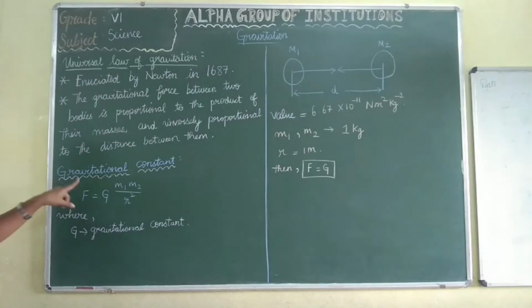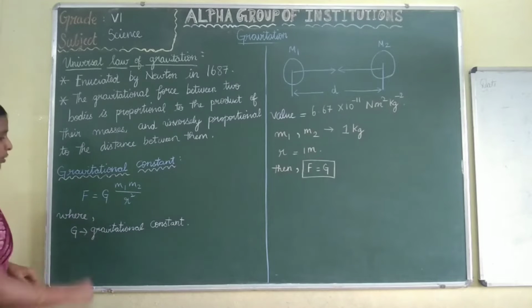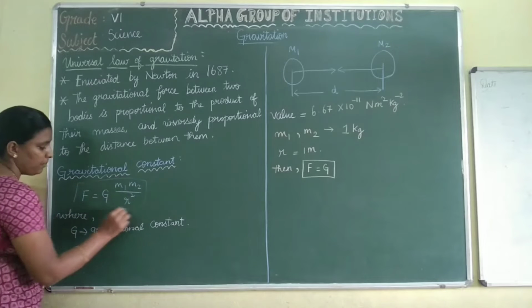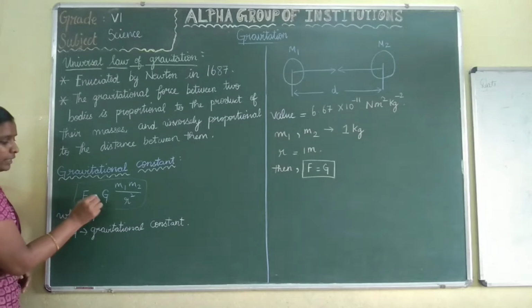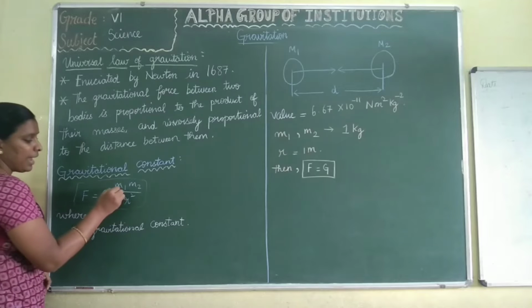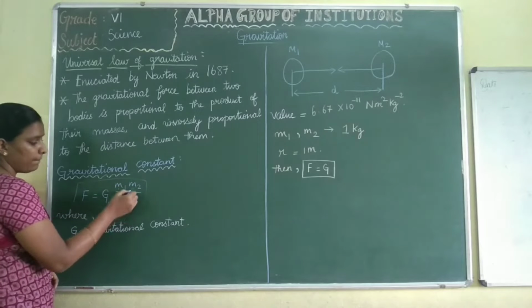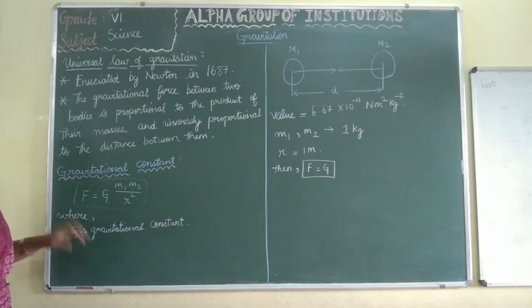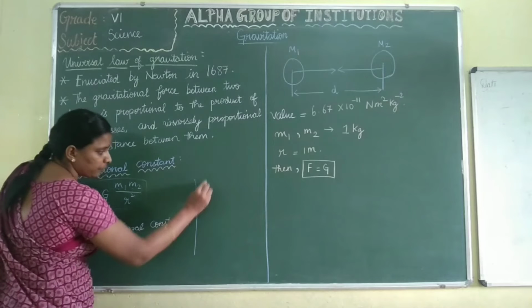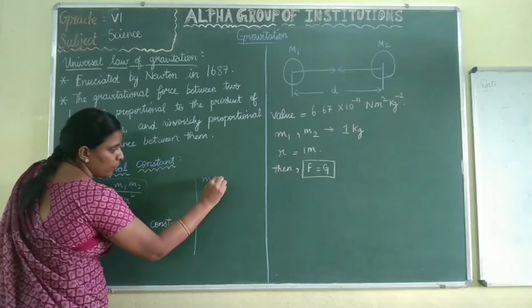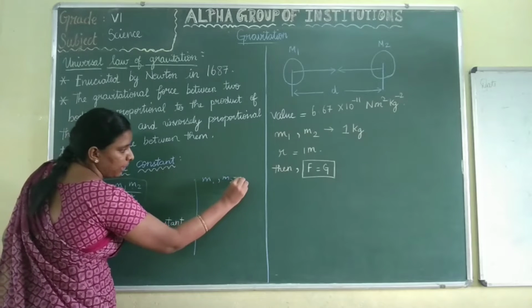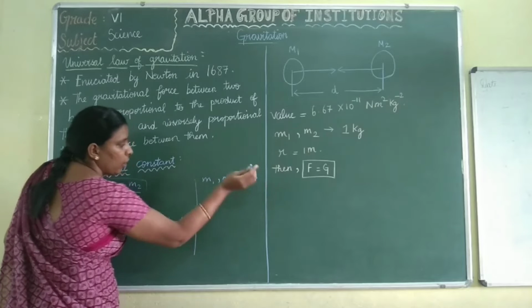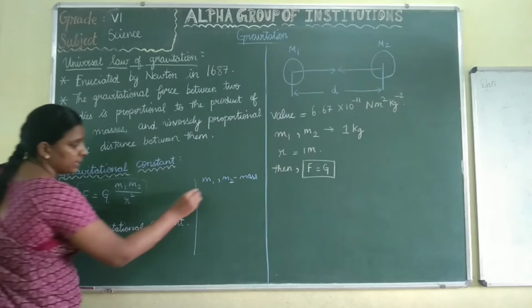Now the gravitation constant: they have taken a derivation, a formula, from before. F is equal to capital G m1 into m2 by r square. Here m1 and m2 are mass 1 and mass 2, the masses of the objects.